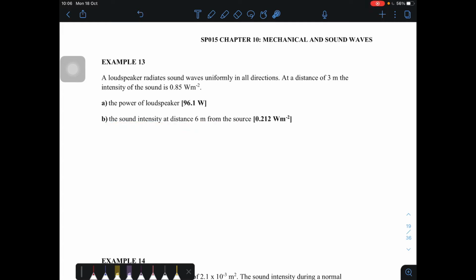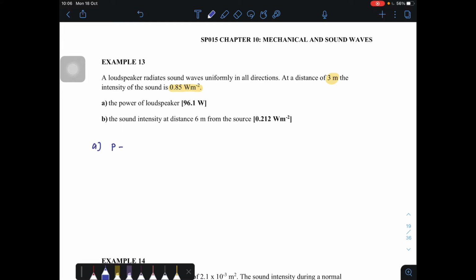So we are given a loudspeaker which radiates sound waves. At a distance of 3 meters from the loudspeaker, the intensity of the sound is this value, 0.85. First, we want to find the value for the power.